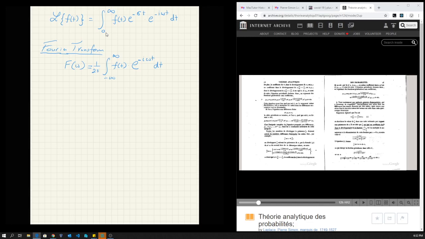So you assume that your little f of t is typically 0 for t less than 0. So that's why it makes sense to start from 0 and go to infinity, not go from negative infinity to infinity. But this has not stopped people from using a different version, where they can rewrite the Laplace transform in a bilateral way by going from negative infinity to infinity, and it will look like this.